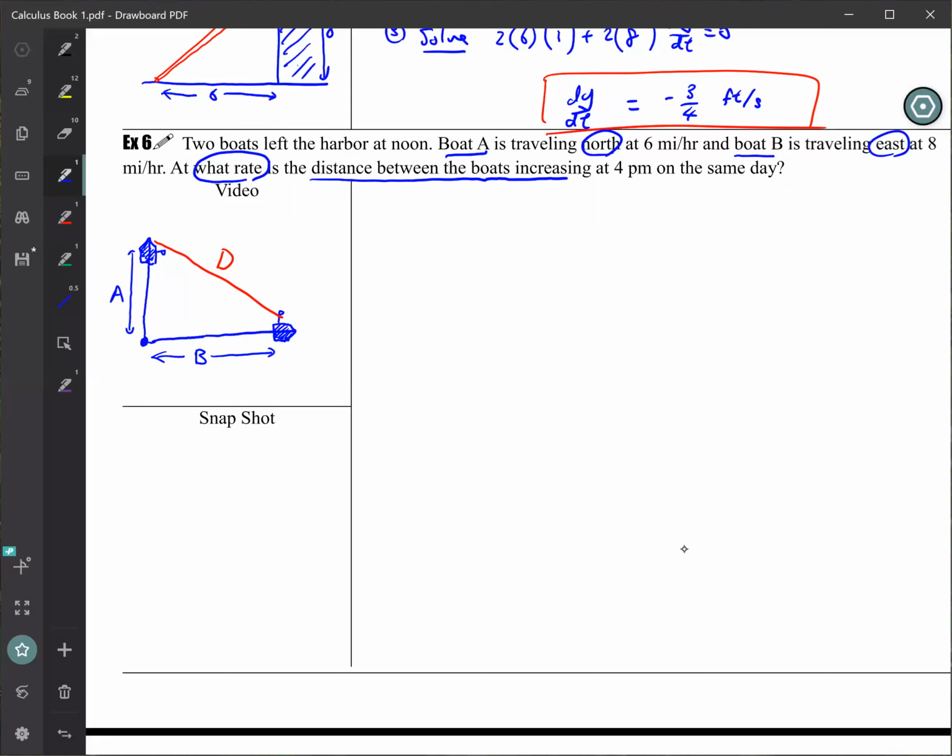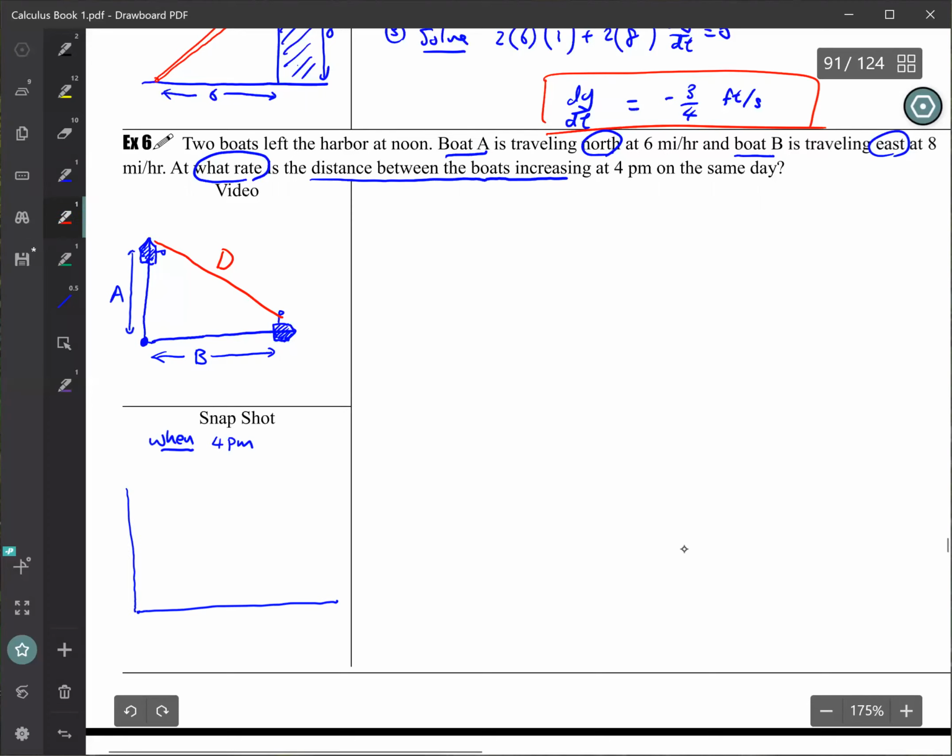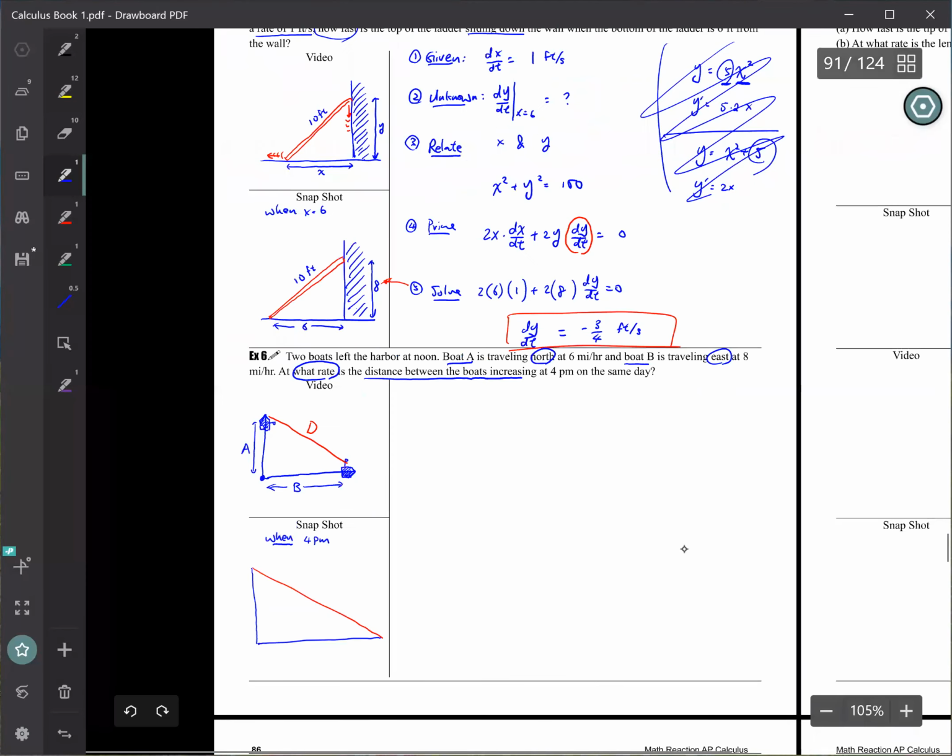Snapshot, when do we take the snapshot here? At 4 p.m. Okay, so at 4 p.m. they have traveled a lot, right? Wait, sir, I have a question. You know how the other questions we only had one rate of change?